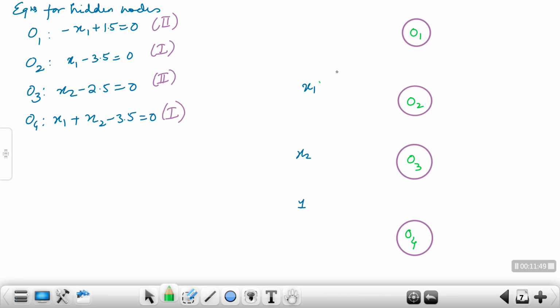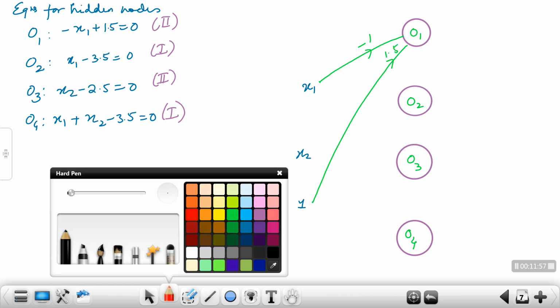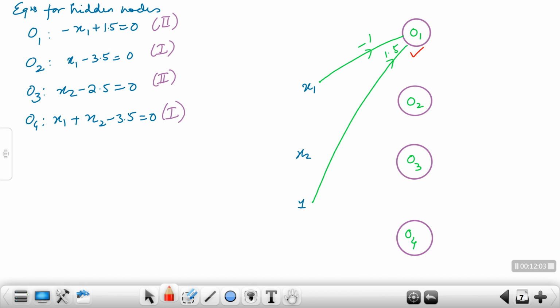So for node O1, the weights are -1 and 1.5. Then for node O2, so first step we will have only this one node O1 and the output will be there. Second step, the second node is getting added. Now which is this node O2, which has got weights 1, and from here it will be -3.5.